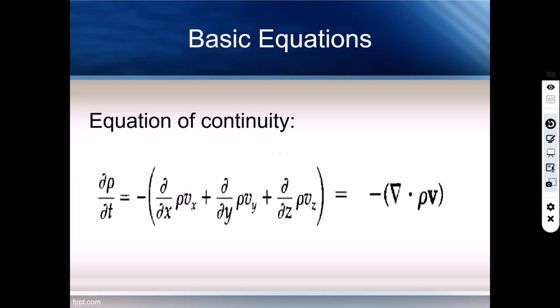Then you may have a question. It seems something is wrong, because in your undergraduate course, you clearly know that if divergence V equals 0, you get an incompressible fluid, right? Hopefully you have memory about that.